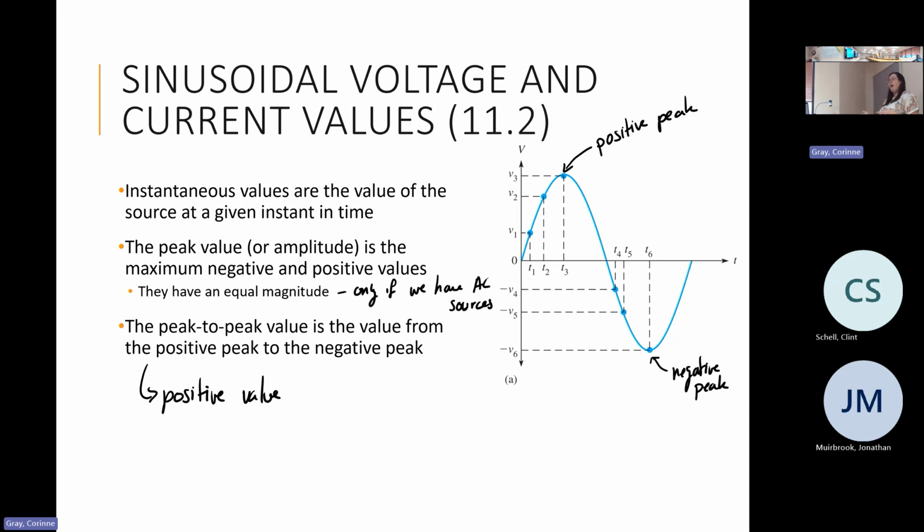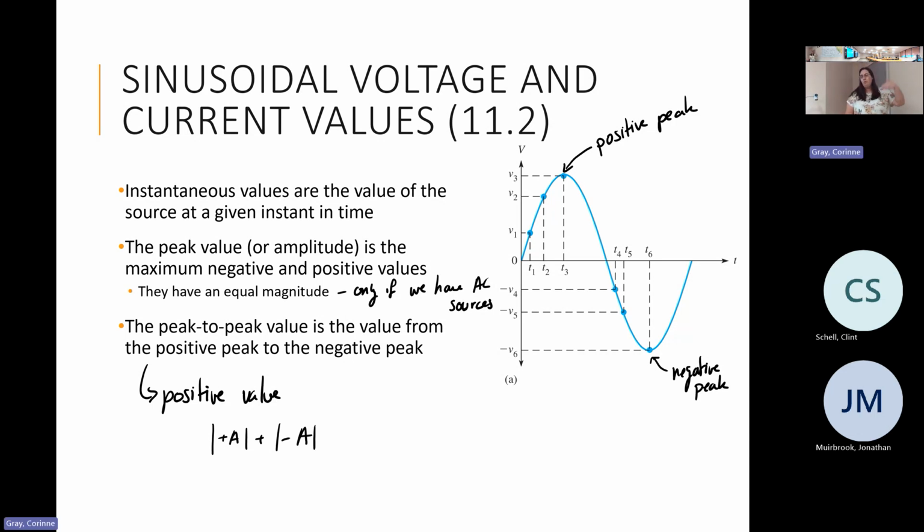So you either add the two magnitudes together, or you subtract out the negative. Typically, you would add the magnitude of your positive peak plus the magnitude of your negative peak.